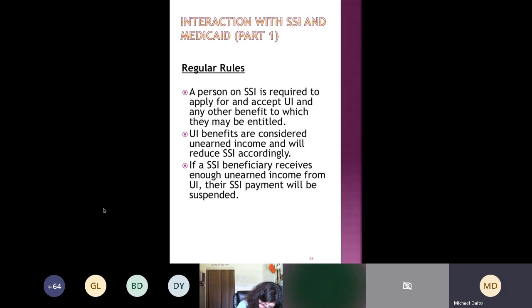Now, what happens if your UI income is high enough to reduce your SSI payment all the way down to zero? Well, then your SSI payment is suspended. You're going to get zero SSI.